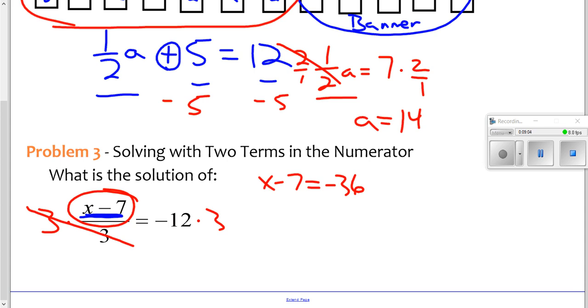This is one of those situations where I can't follow the exact rule that we had before, okay? Then I am going to undo this x minus 7 by adding 7, and I get negative 29 for that particular problem, okay? So there are 2-step equations.